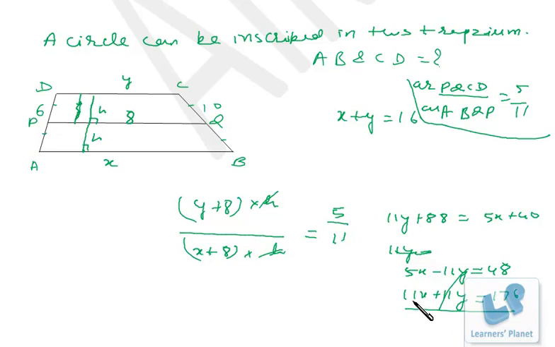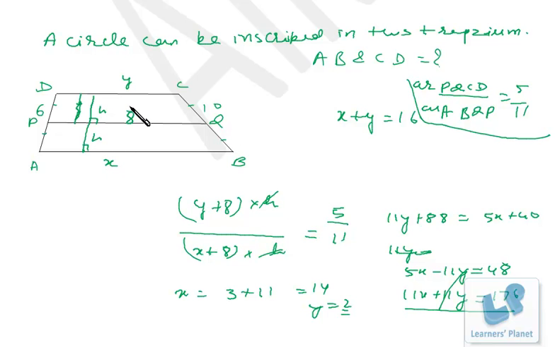So this is cancelled. 16x is equal to this plus this. That means x is equal to 48 by 16 plus 176 by 16, that is 11. So x is 14 and y is 2. Right? So this way we can calculate the lengths of the parallel sides.